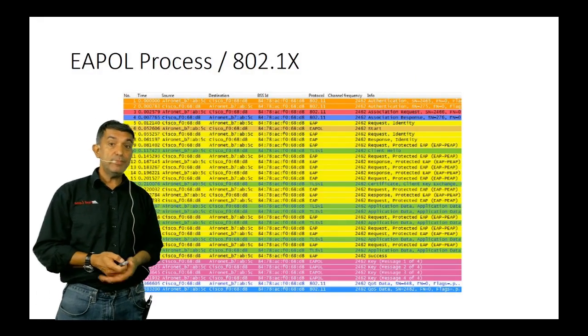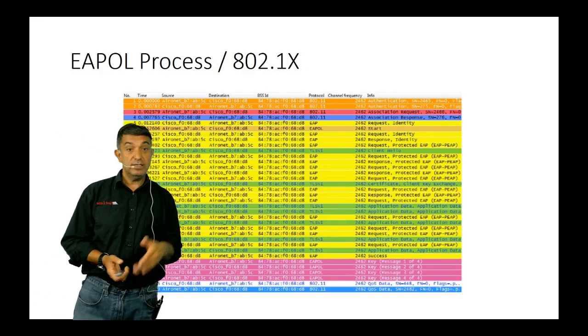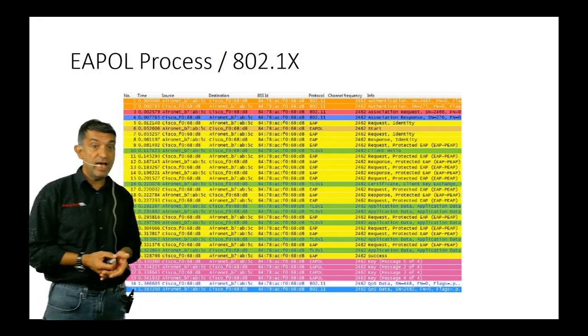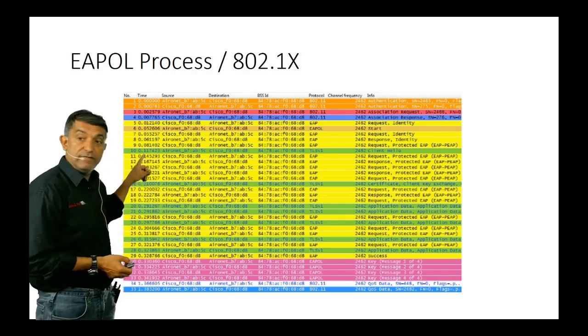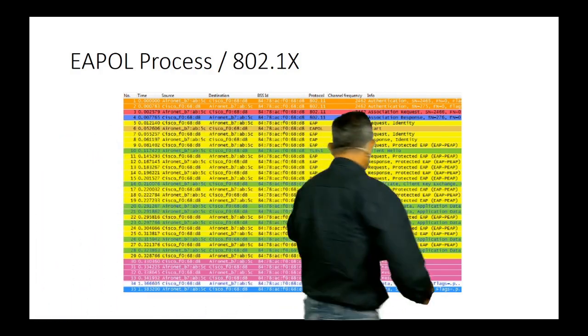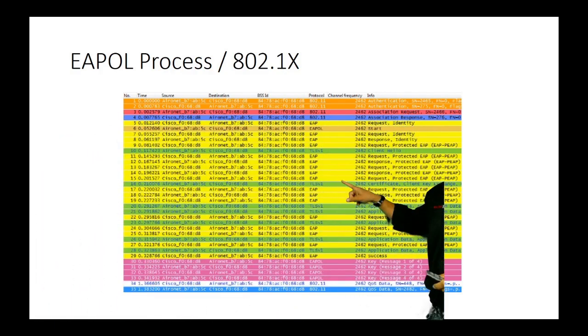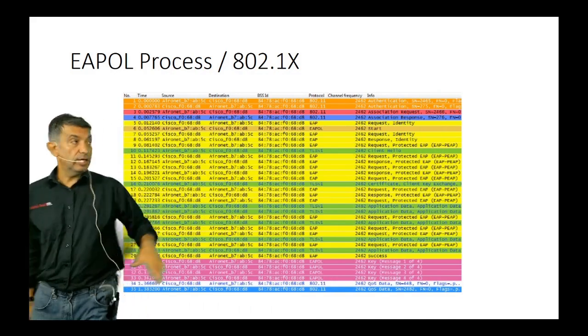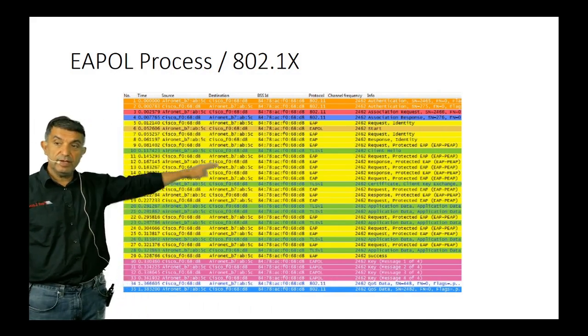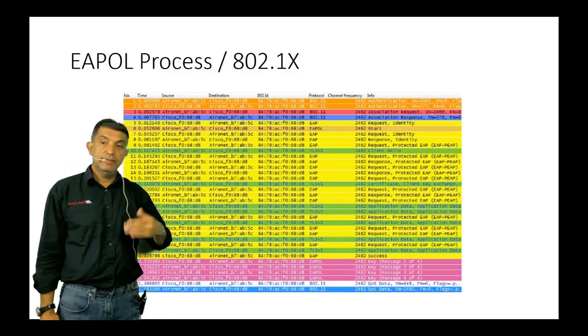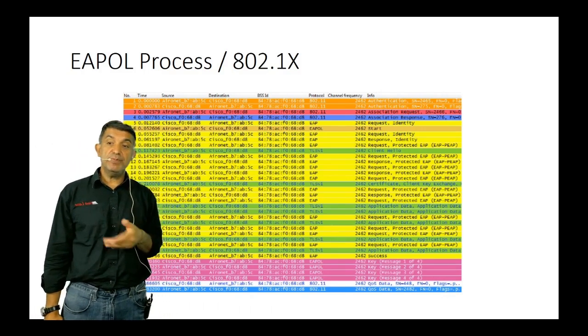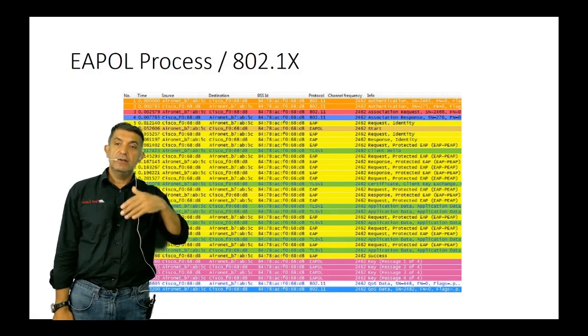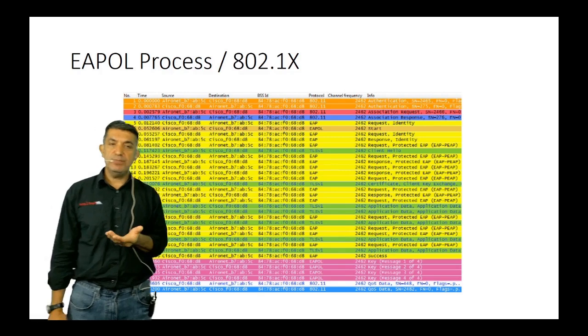Then we have the EAP process. It depends on which type of EAP we have. In this case, you see here we have a protected EAP, MSCHAP version 2. Here you see the EAP PEAP. So the single steps of the EAP process could be different depending on the type of EAP we are using.